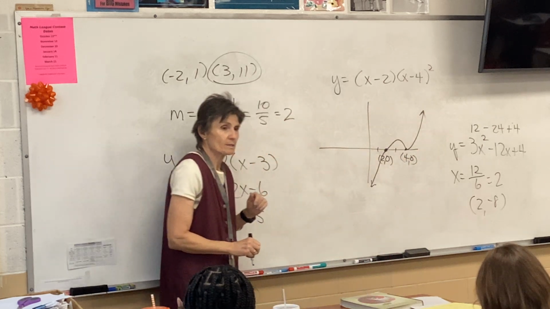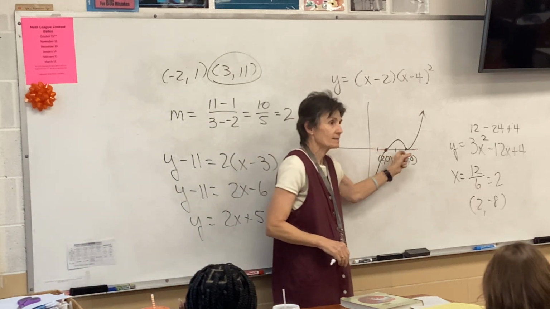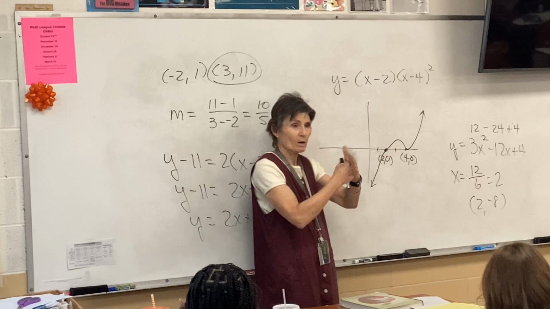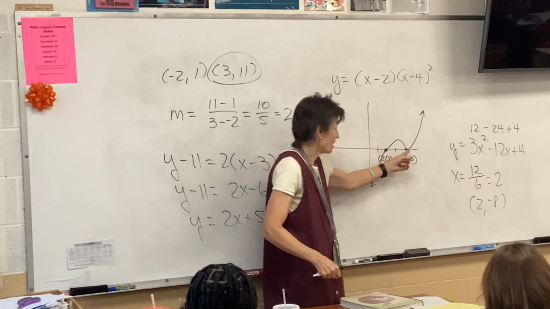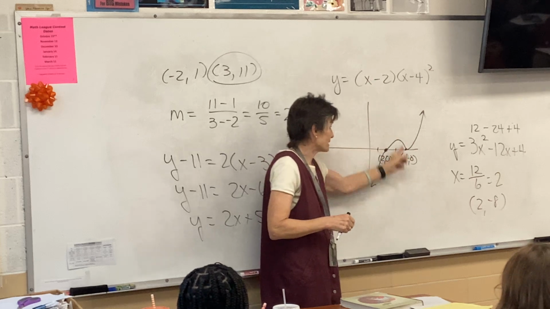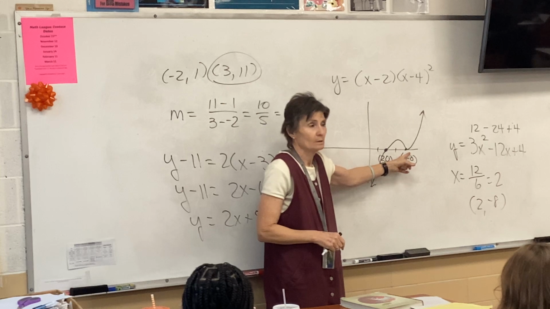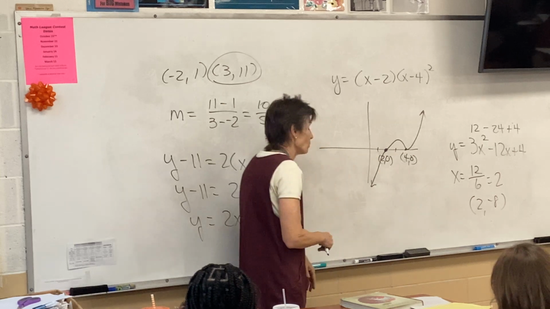So the questions say, what are your x-intercepts? Guys, these are your x-intercepts, where you cross the x-axis. There they are, 2 and 4. Where does it bounce off? Where is it tangent? Where does it just hit and go off? 4, 0. Now, what is a y-intercept?